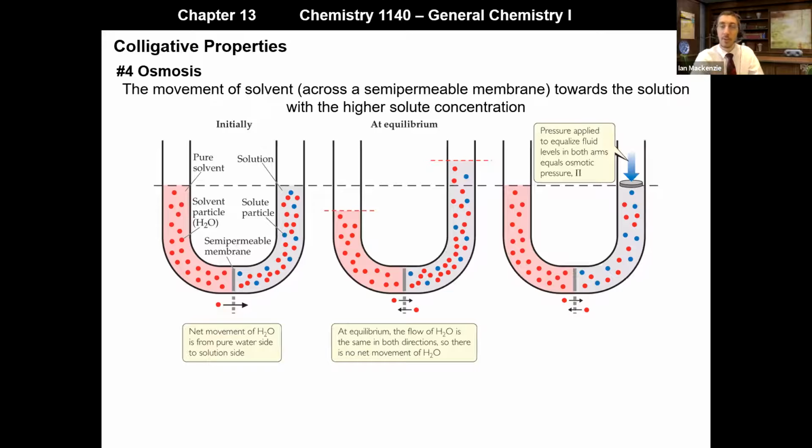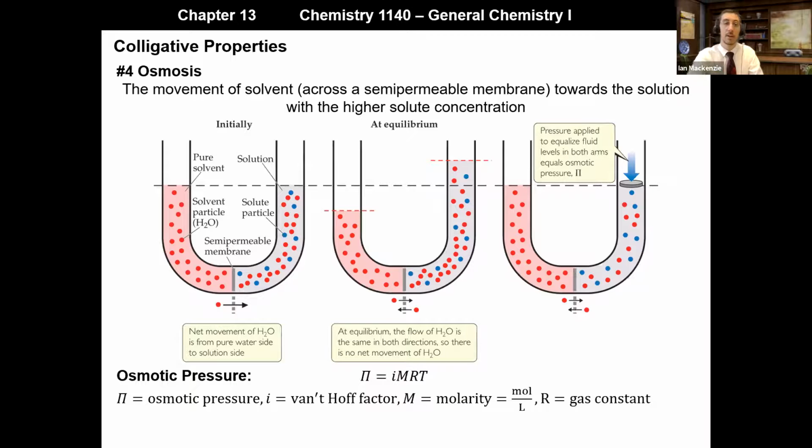Now, just like the other colligative properties, there's an equation where we can calculate osmotic pressure and relate it to solution concentration. So osmotic pressure here, pi, is equal to i M R T, where pi is the osmotic pressure, i is still the van 't Hoff factor, the number of solute particles per molecule.